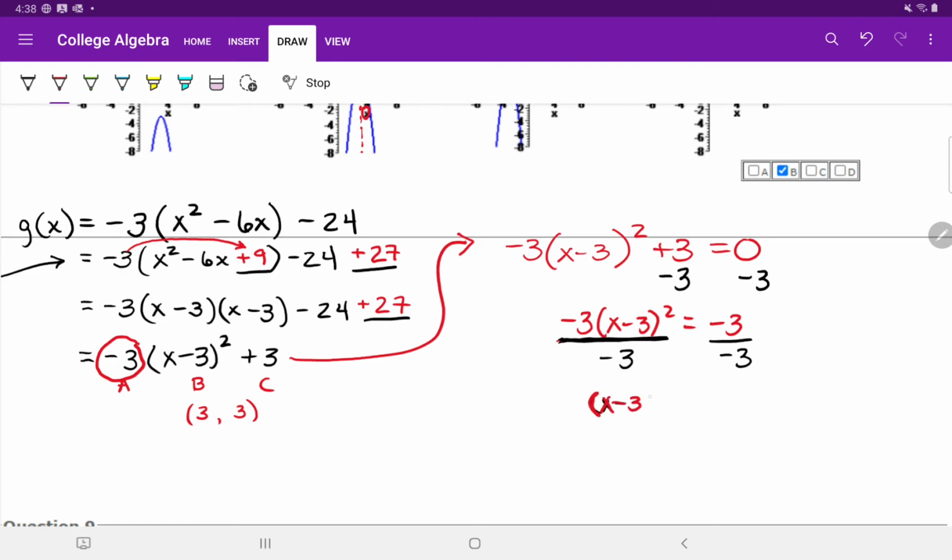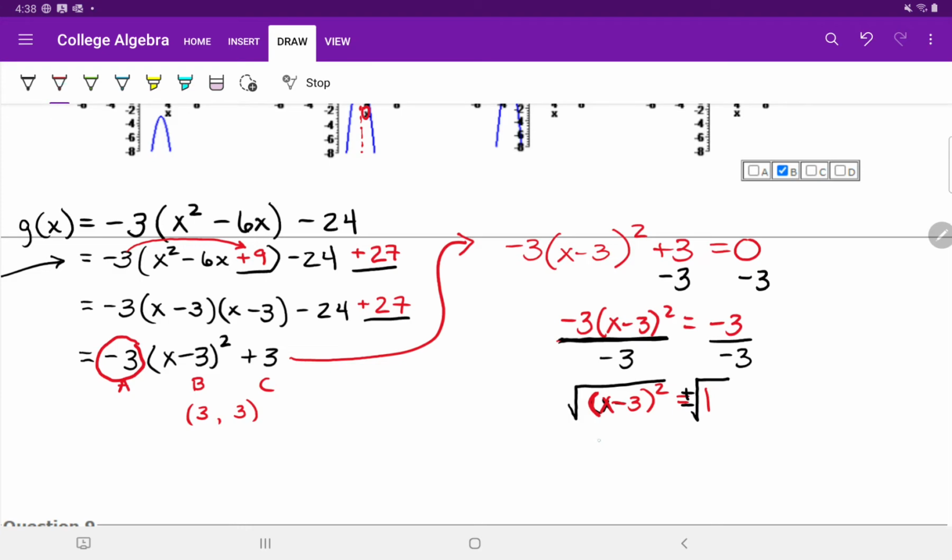So that'll leave us with x minus 3 squared equals +1. Then the next thing we need to get rid of is the square. So we're going to take the square root of both sides. Whenever you take the square root of both sides, you get the positive and the negative.